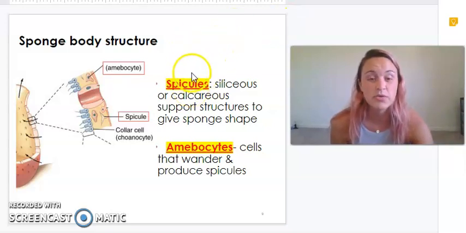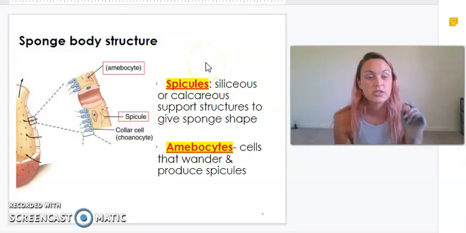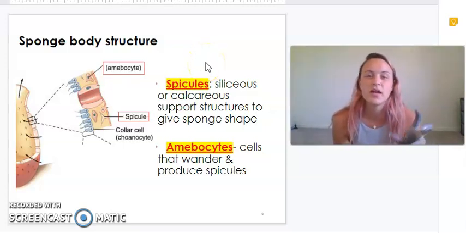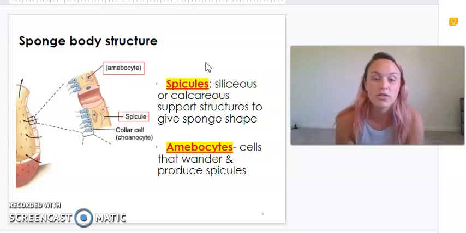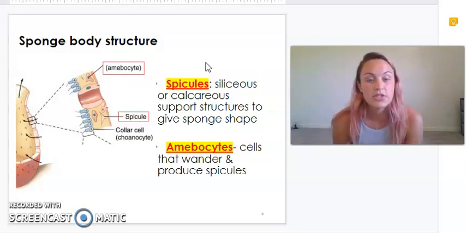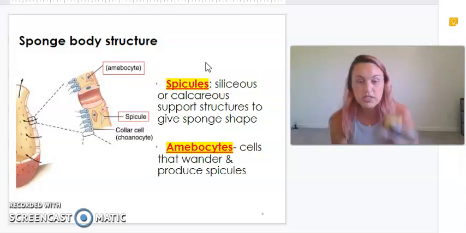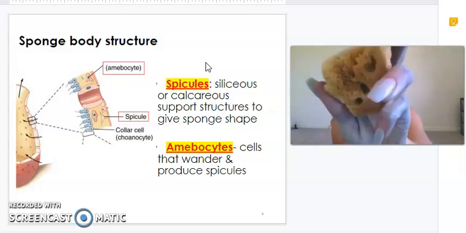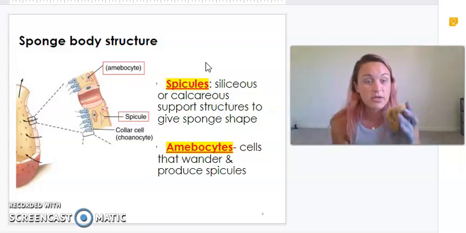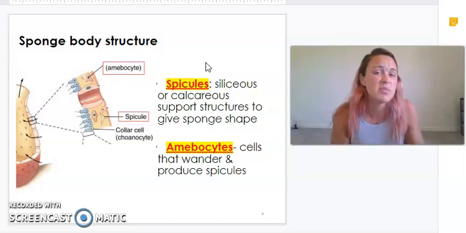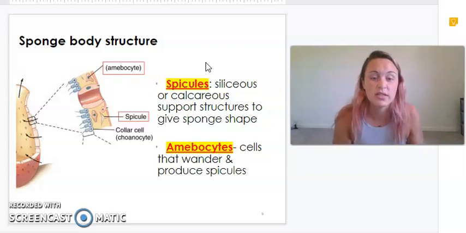All right, so these spicules are actually siliceous. Remember we talked about silica. It's that glass-like substance that comes in the shoe packets when you buy a new pair of shoes. It can be siliceous or calcareous, meaning it's got that calcium carbonate base to support an actual sponge. If you look at a sponge, yes, I can crumple it up, but it comes back together. So these spicules are what are giving it its shape. It's almost kind of like a skeleton, but sponges don't actually have a true skeleton themselves.